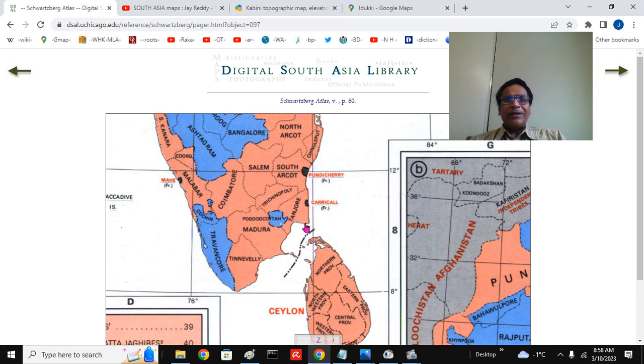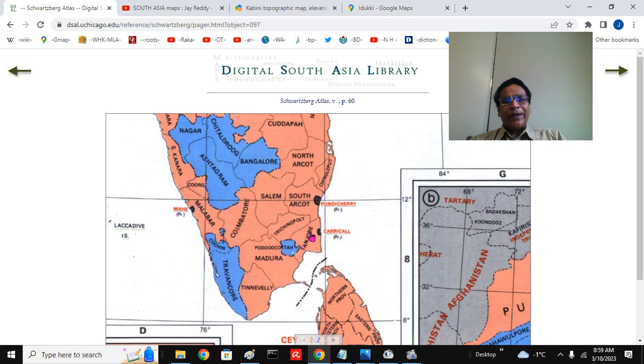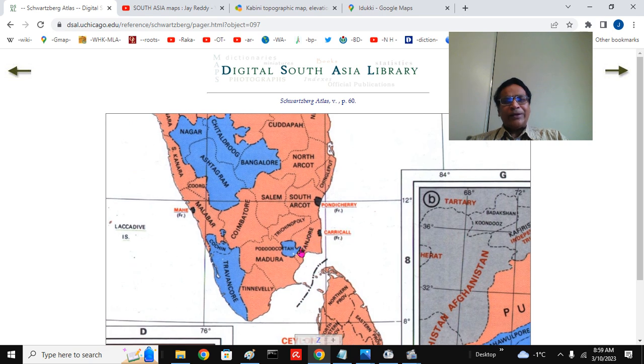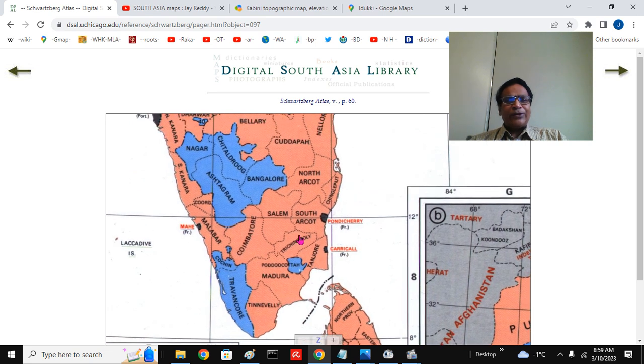These are the Delta districts of Thanjavur and Tiruchirappalli. This is Karaikal, an exclave of Pondicherry. And Baramahal, that is Salem, Kongunadu, Coimbatore, the southern region, Tirunelveli and Madurai. And this is the princely state of Pudukottai, close to Sivaganga and Thanjavur, Ramnad and Tiruchirappalli. And this is the Malabar district of the British presidency.